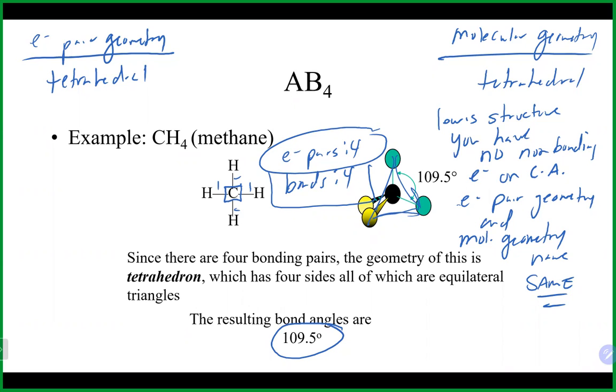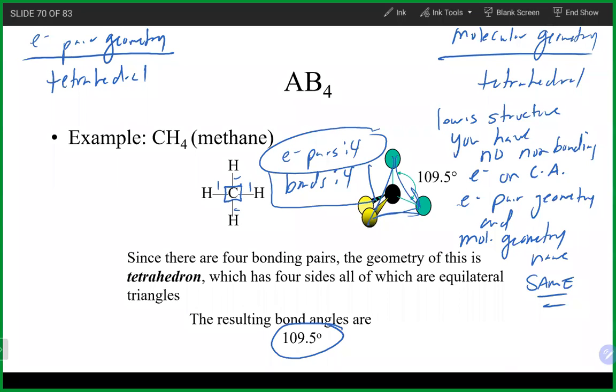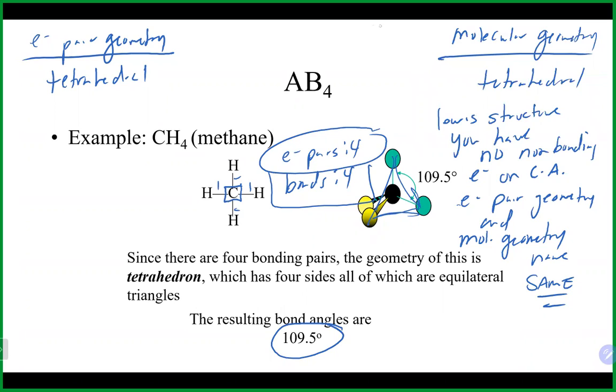It gives everybody else a little more room for movement. What ends up changing when we introduce non-bonding electrons is just the molecular geometry name. The shape of the molecule will start to change as non-bonding electrons get introduced. The electron pair geometry name will still be the same.